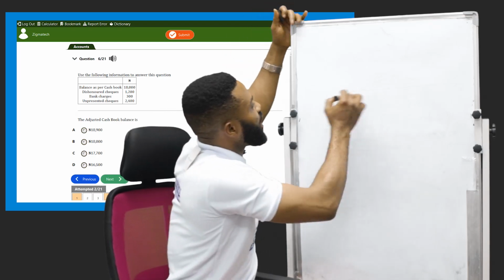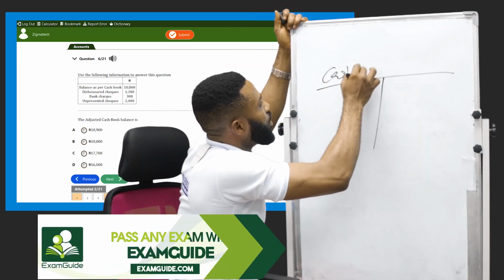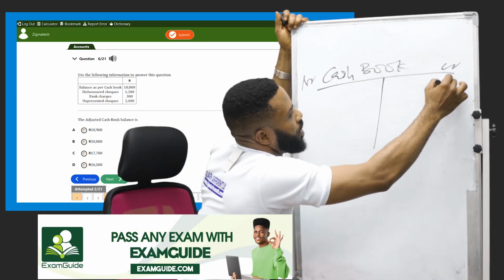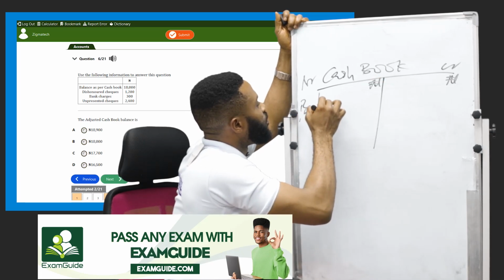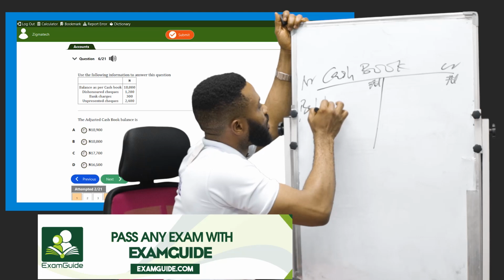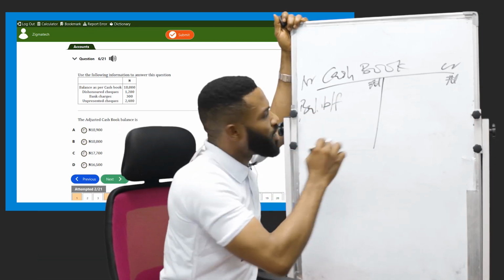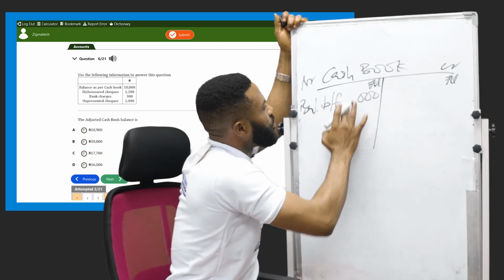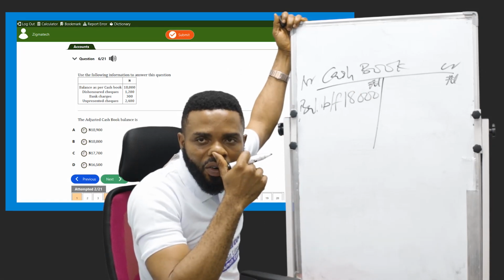So let's write our cash book again. This is your credit side, this is your debit side. The Naira sign. Your balance brought forward is how much? Balance brought forward there is 18,000. That's our balance brought forward.